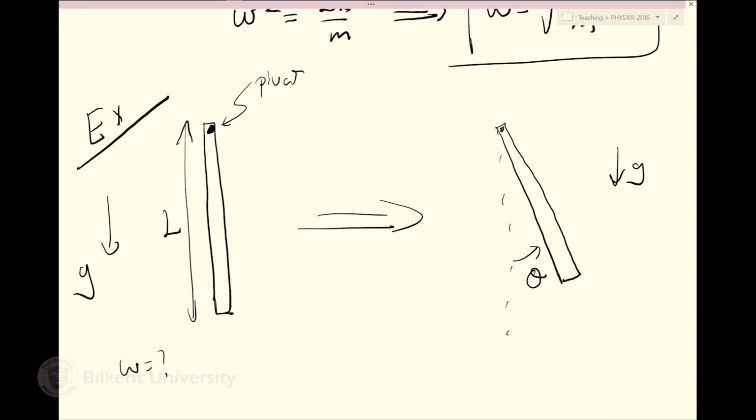Now, what are the forces acting on the rod? It will have its weight, mg, and that is acting from the center of mass, right? So it's going to be mg, and this distance is going to be L over 2.